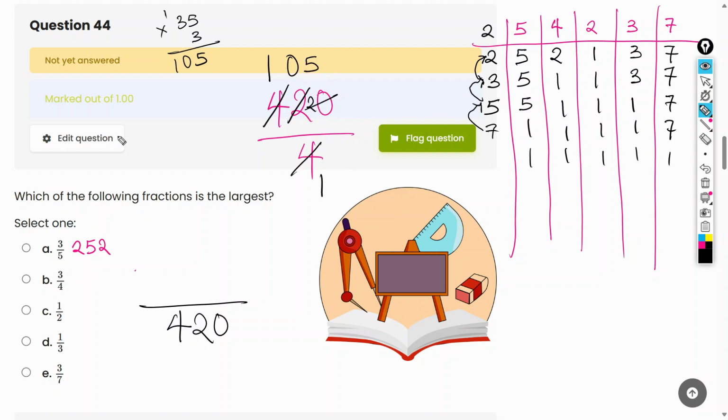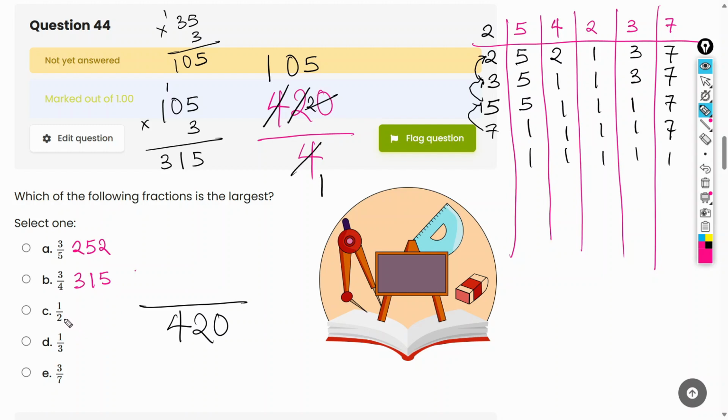And then we multiply 105 by 3. 3 times 5 is 15. 5 carry 1. 3 times 0 is 0 plus 1. That's 1. 3 times 1 is 3. That's 315. So this is 315.